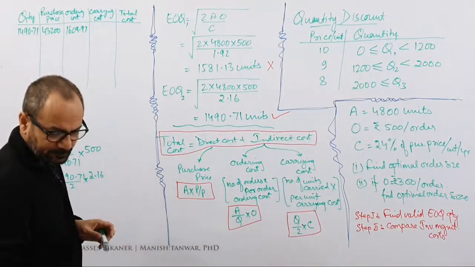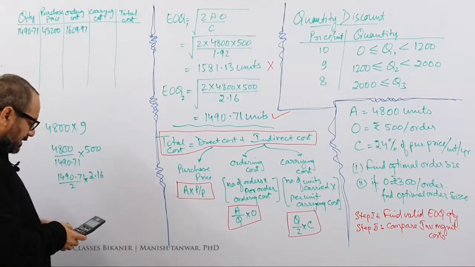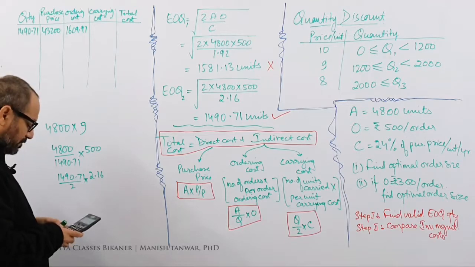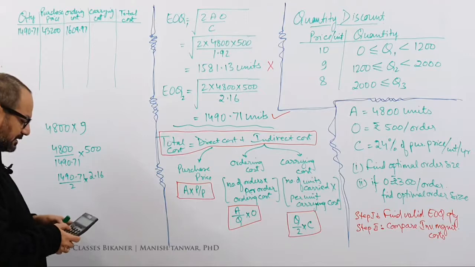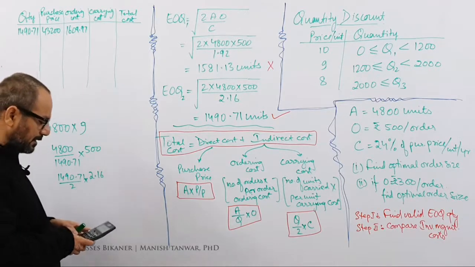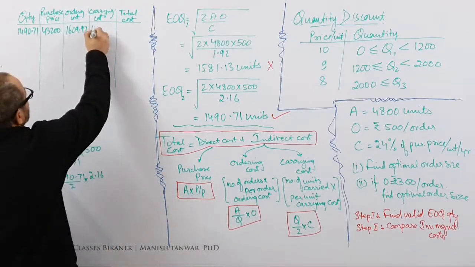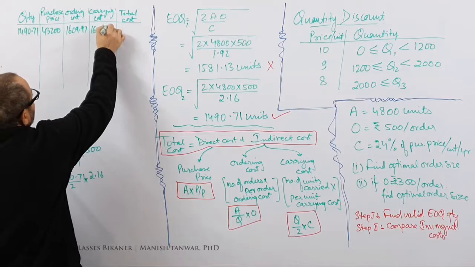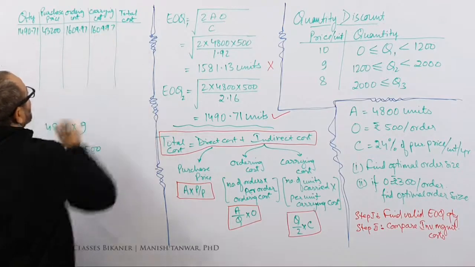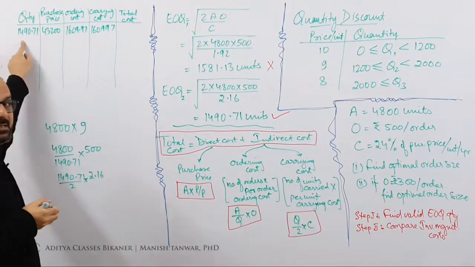So we get 1490.71 divided by 2 multiplied by 2.16, giving me 1609.97 again. Now you see the ordering cost and carrying cost are the same because the quantity is EOQ.